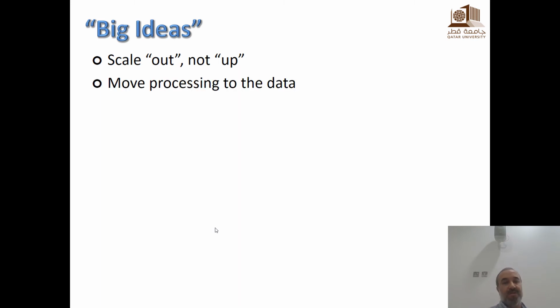The second one, move processing to the data. And I think you mentioned that before. Someone mentioned that, right? Did you mention that before? Okay, so what do you mean by that? Move processing to the data. We are used to the opposite probably, right?